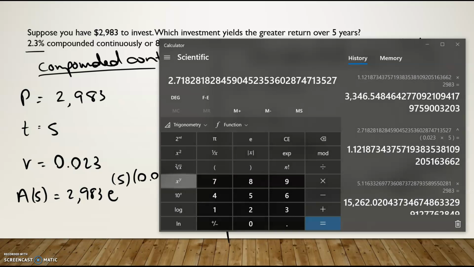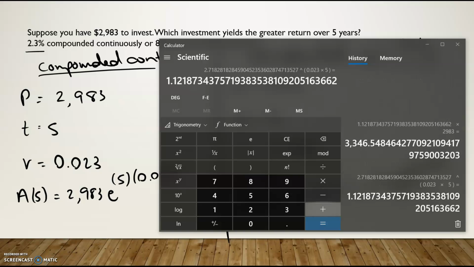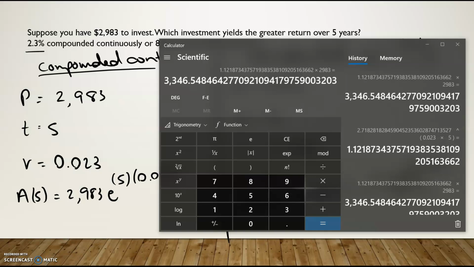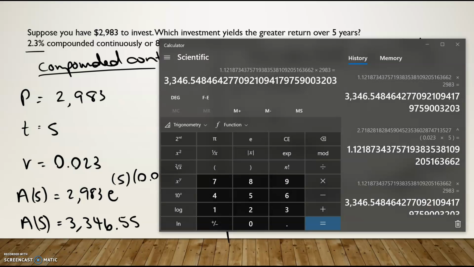Okay, so this will be e raised to 0.023 times 5, and I don't think I have the parentheses there, so e raised to, open parentheses, 0.023 times 5, close parentheses, times 2,983, and you get, so for that one we got 3,346.55 for that one.